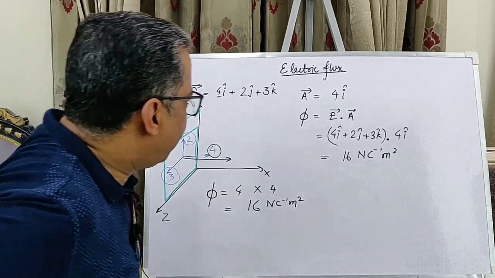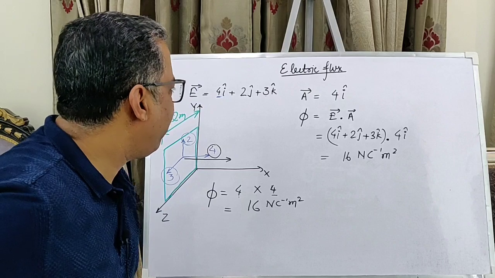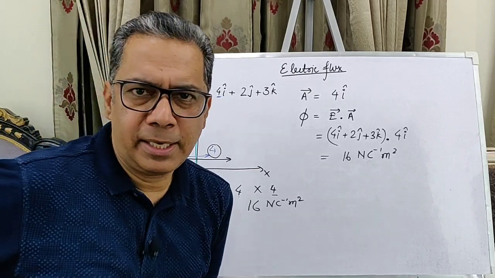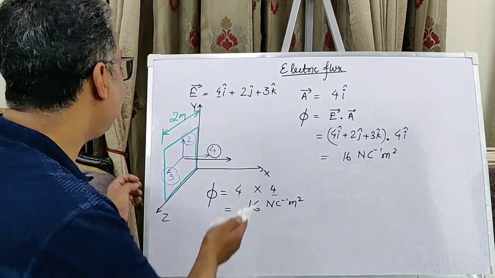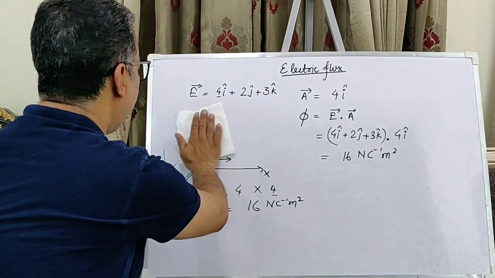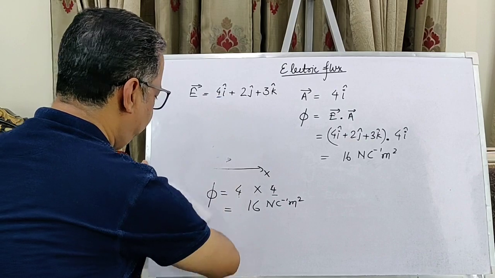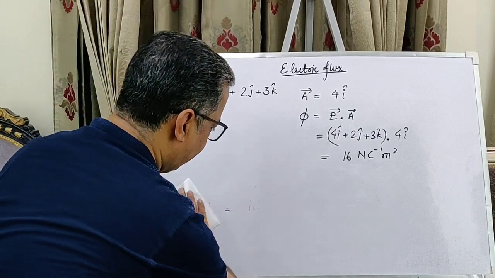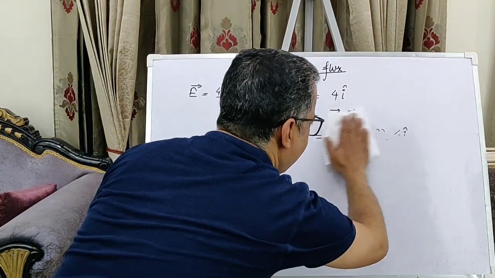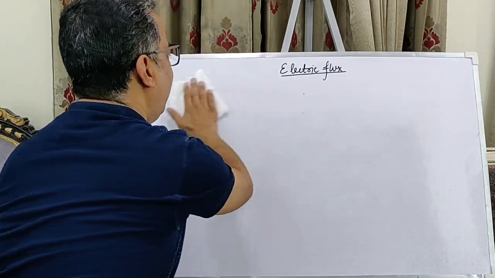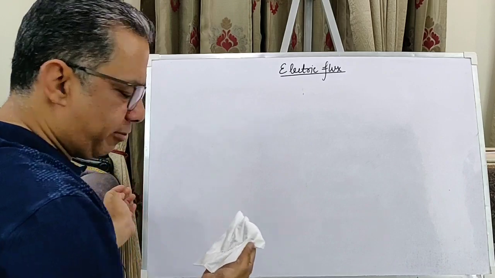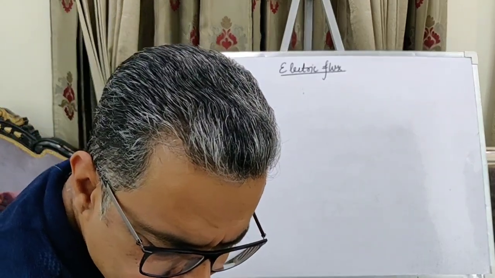Now we will take up an example where the field is variable. To make life more interesting, we'll take up a variable field, but we'll not make things too complex, so we are not going to have a curved surface. We'll still have a plane surface.